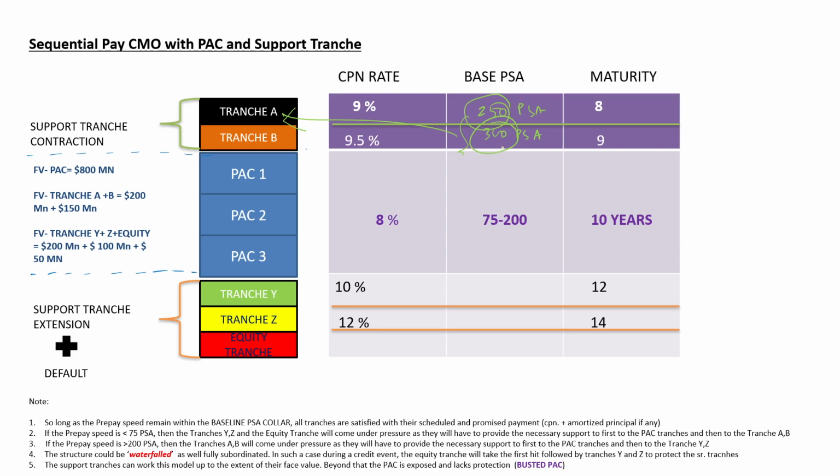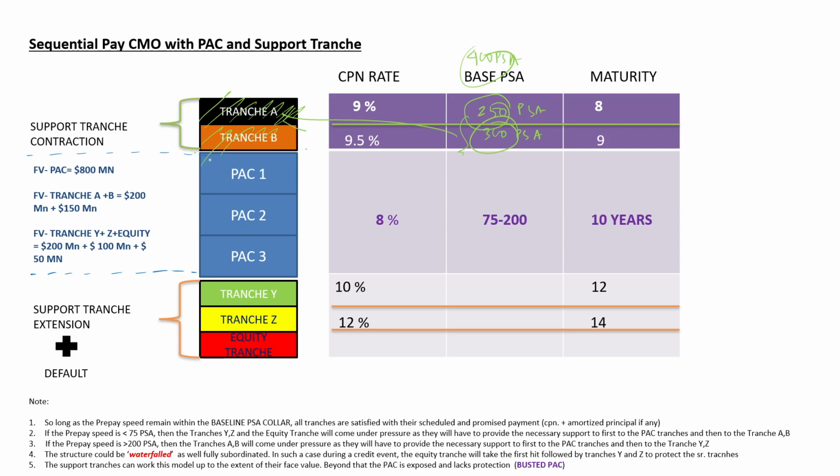However, this support is not endless and not without a limit. As I said before, it can only protect up to the extent of its face value. So in case the prepay speed is abnormally high, at, let's say, 400 PSA, the tranches would become completely exposed because they will bust beyond a certain point in time, and then would expose this underbelly of the PAC collar.